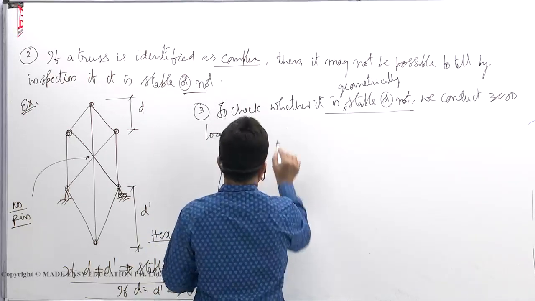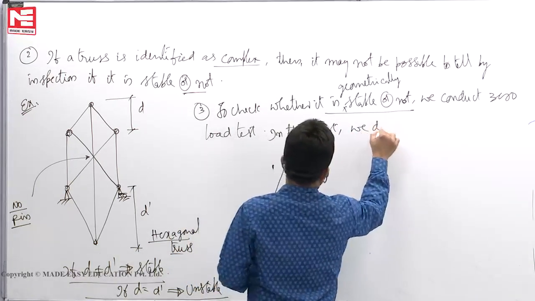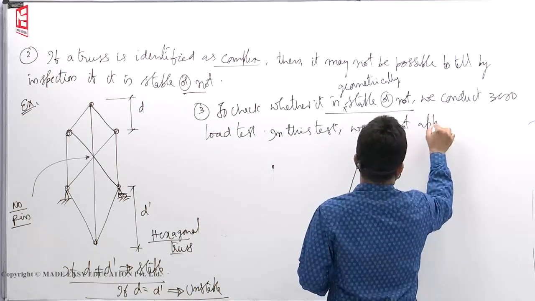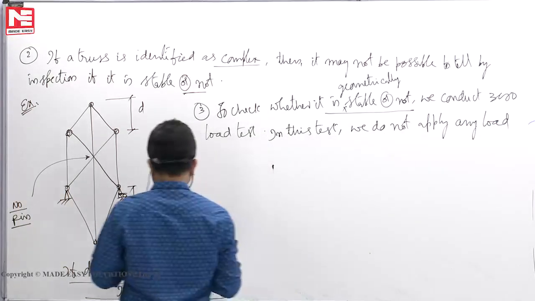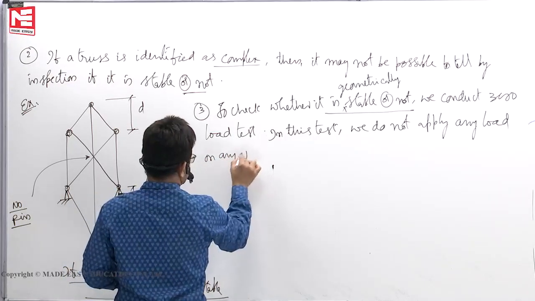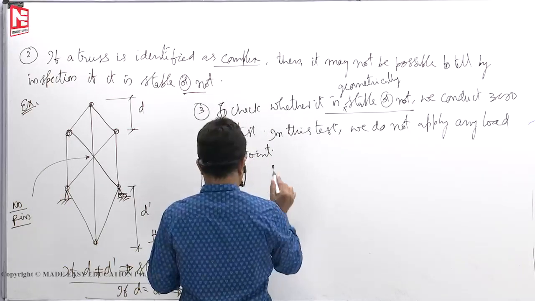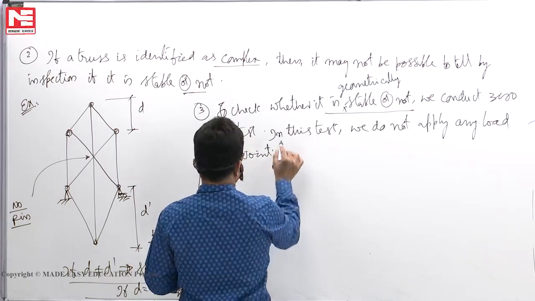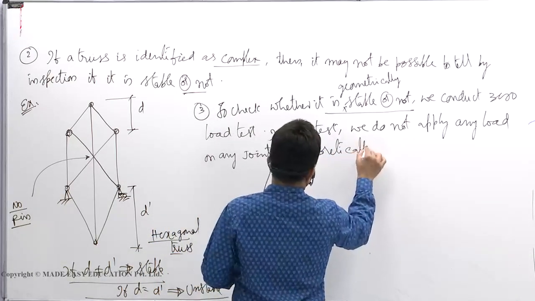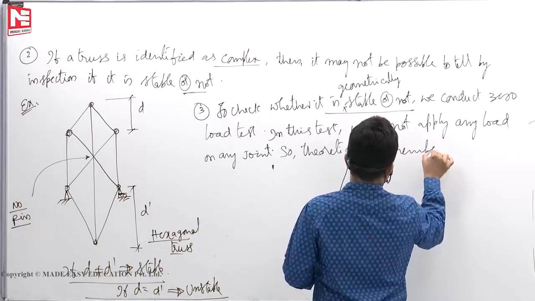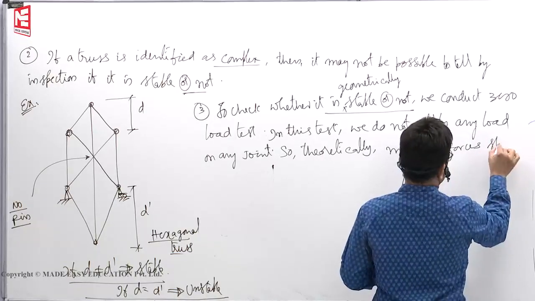So in this test, this I am explaining how we have to do. We do not apply any load on any joint. So theoretically, member forces should be zero.